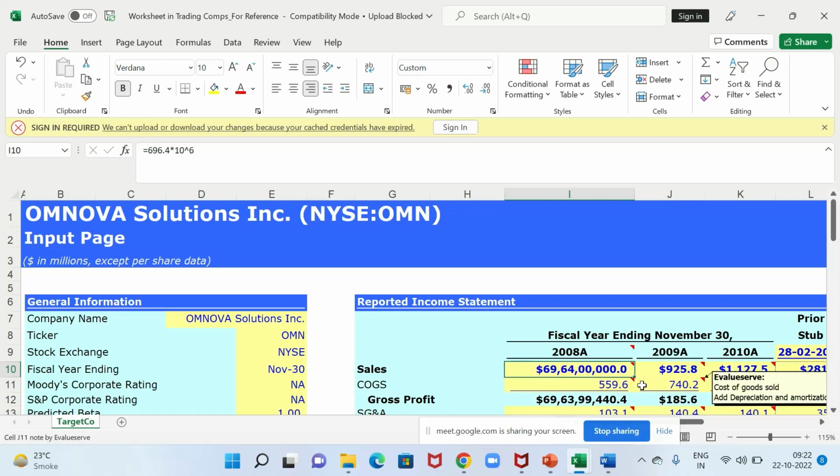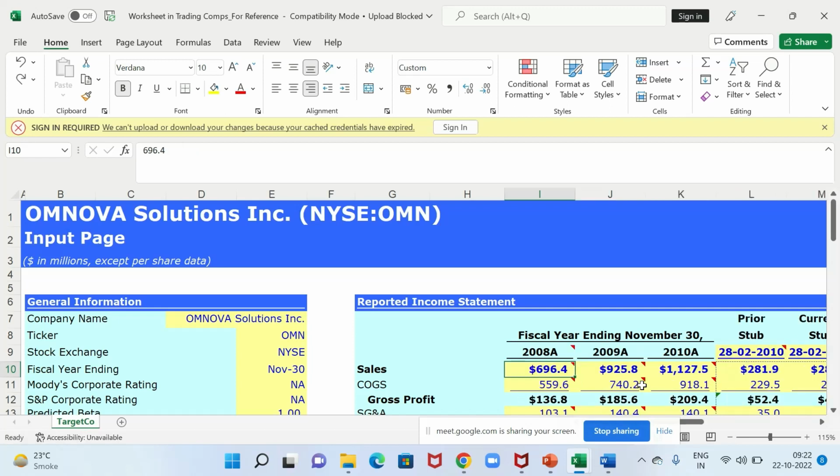Hence we use million as a common denominator. Across the sheet we will have either thousands, millions, or billions. The entire sheet will be built that way for easier reference.